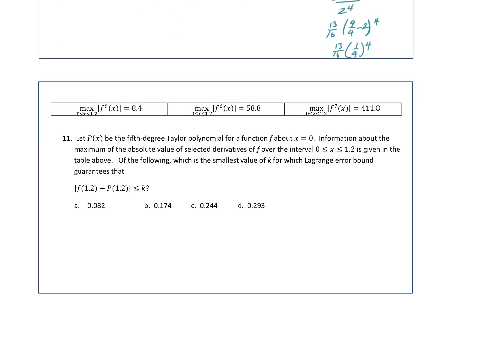And then for number 11, 5th degree Taylor polynomial. So we're looking at the 6th derivative for the error term. This is going to be that max value. My center is 0, and if we're going from 0 to 1.2, that tells me that my x is 1.2, but we know that from here.